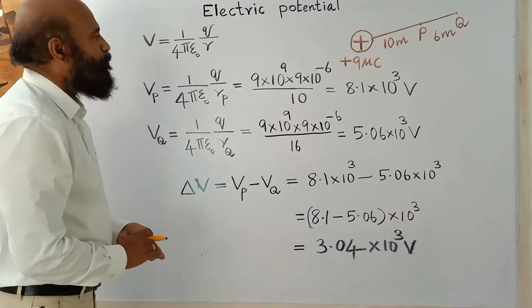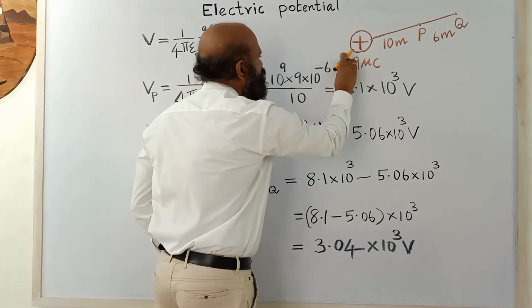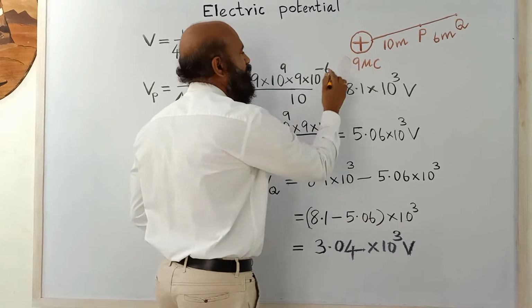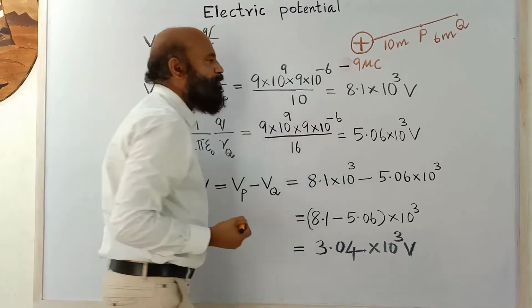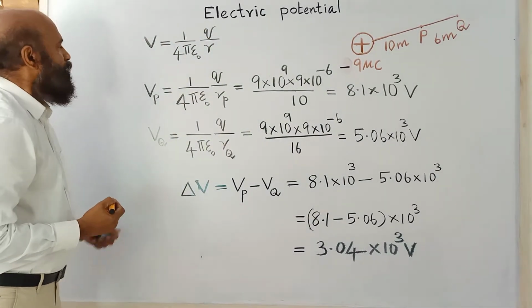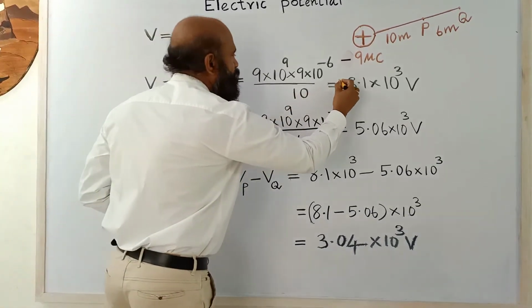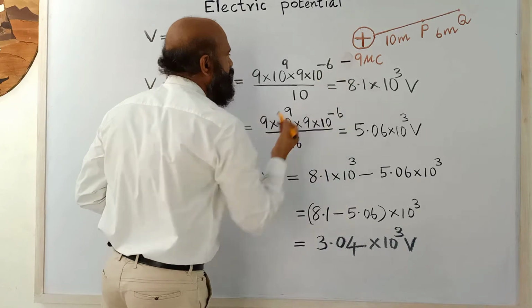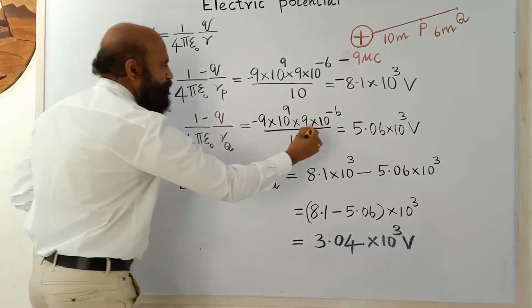Now suppose we replace it by a negative charge. Here instead of plus 9 microcoulomb, let it be minus 9 microcoulomb. Then this charge is now negative, so the potential will be negative. Similarly here also it will become negative.